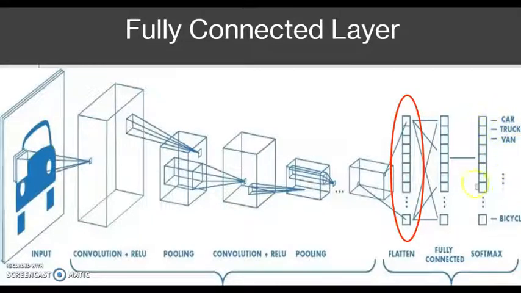And we see here the last layer, which represents the classes of our data set. According to the trained model, it is going to predict the correct classification or class of the input image.